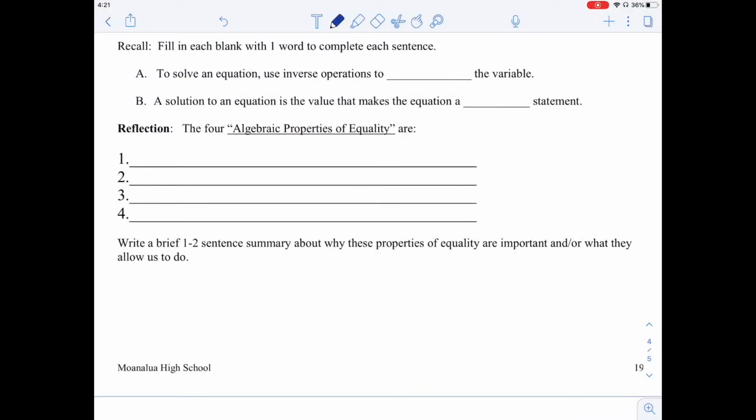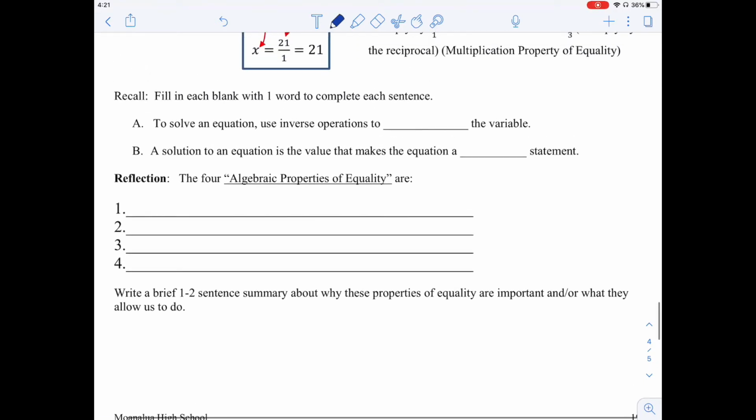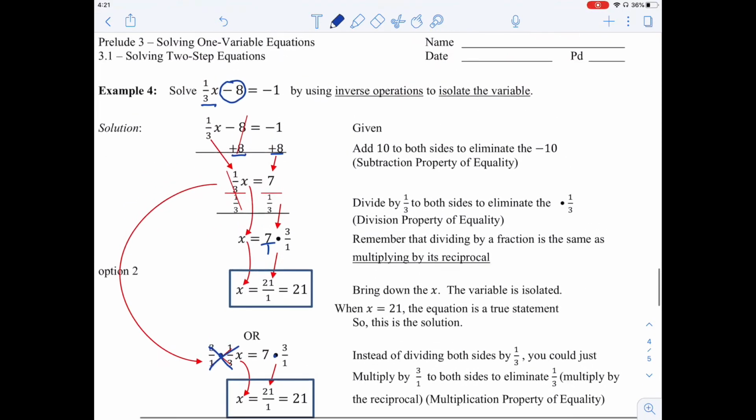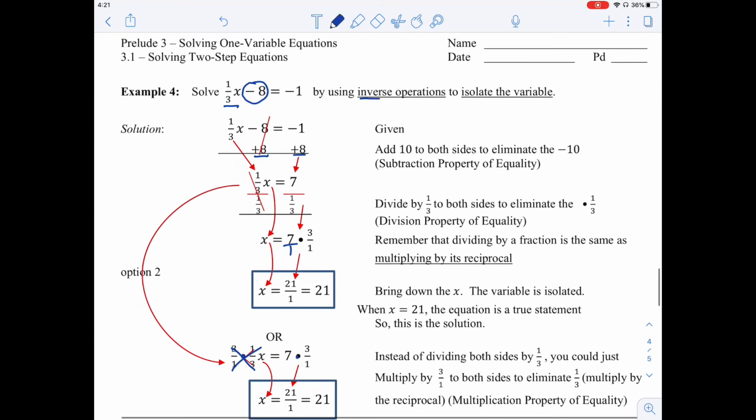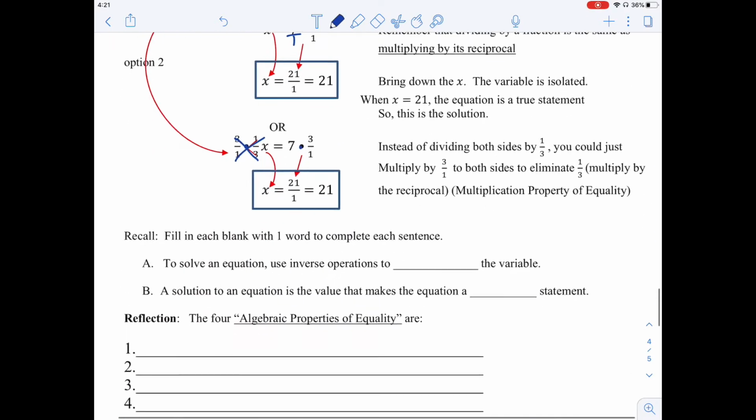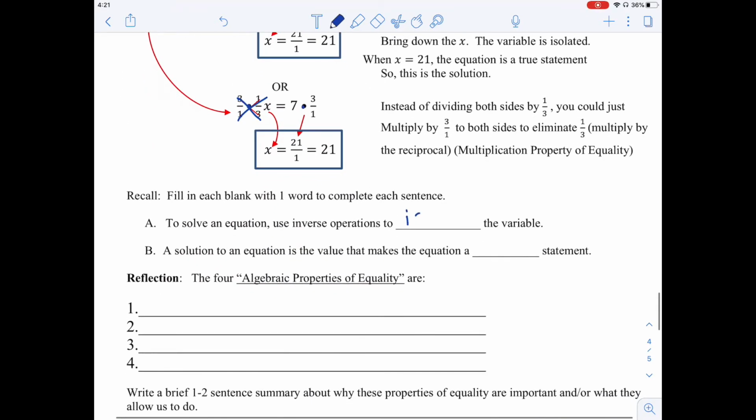Fill in a blank with one word to complete each sentence. To solve an equation, use inverse operations to, okay, what's the goal, right? What are we just trying to do with our variable? We use inverse operations to isolate the variable.